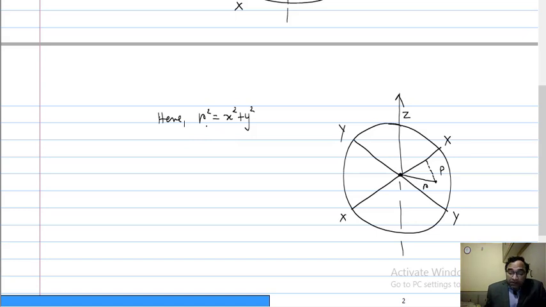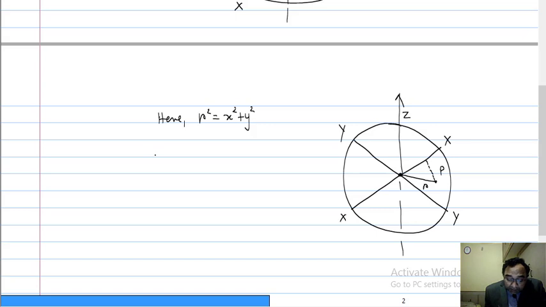Now, this particle will have a moment of inertia about the z axis.